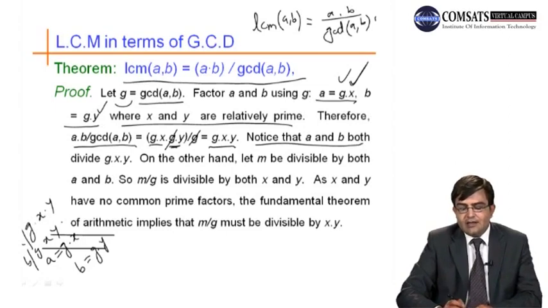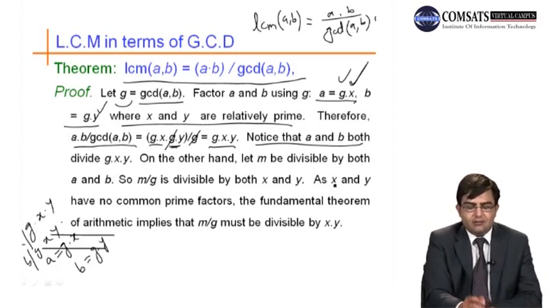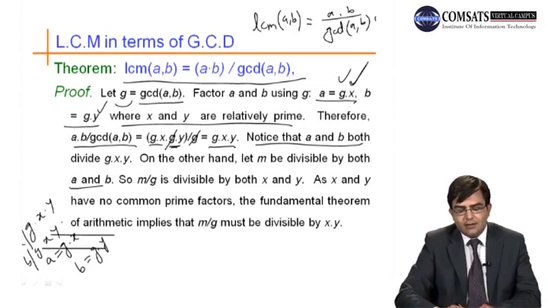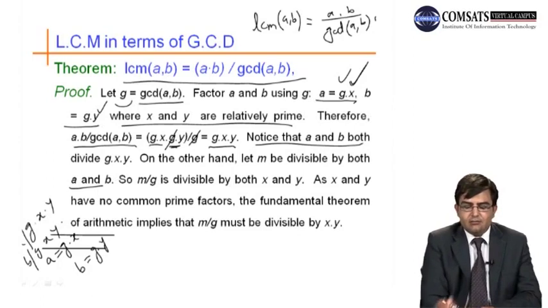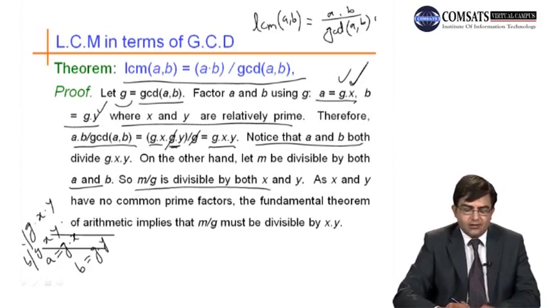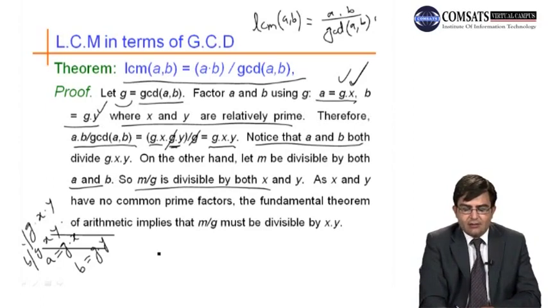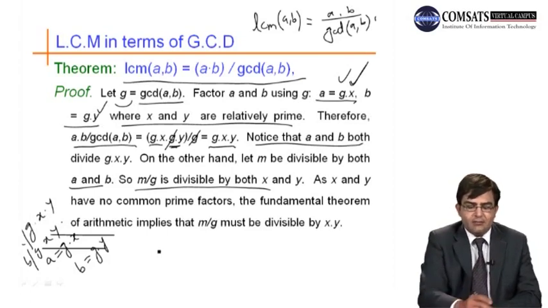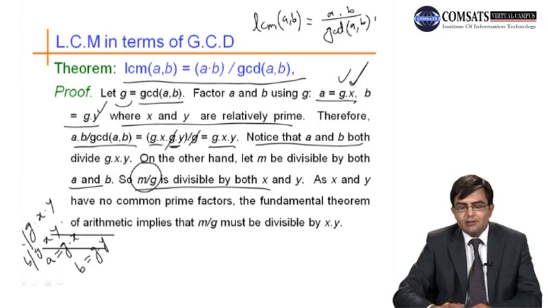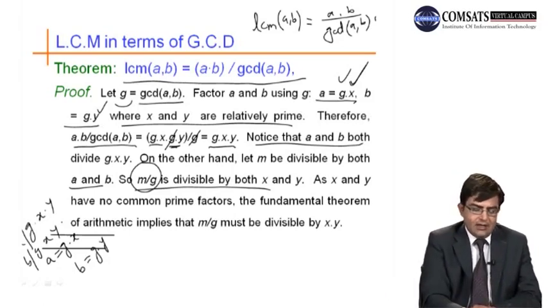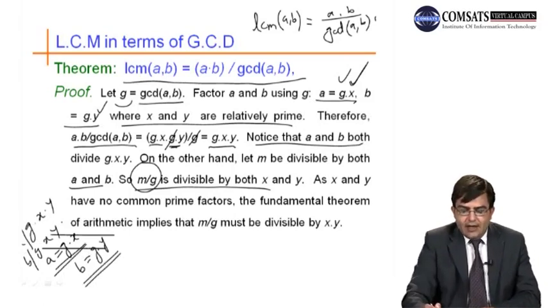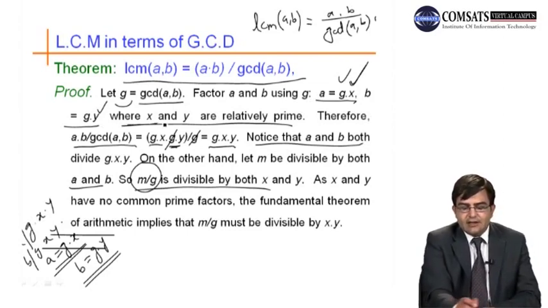So note that A and B both divide GXY. On the other hand, let M be divisible by both A and B. We take another number which is divisible by both A and B. So M by G is divisible by both X and Y, because M is divisible by A and B, and A and B are divisible by G. A can be written as G into X and B as G into Y. As we have discussed, X and Y are relatively prime, so they don't have common prime factors.